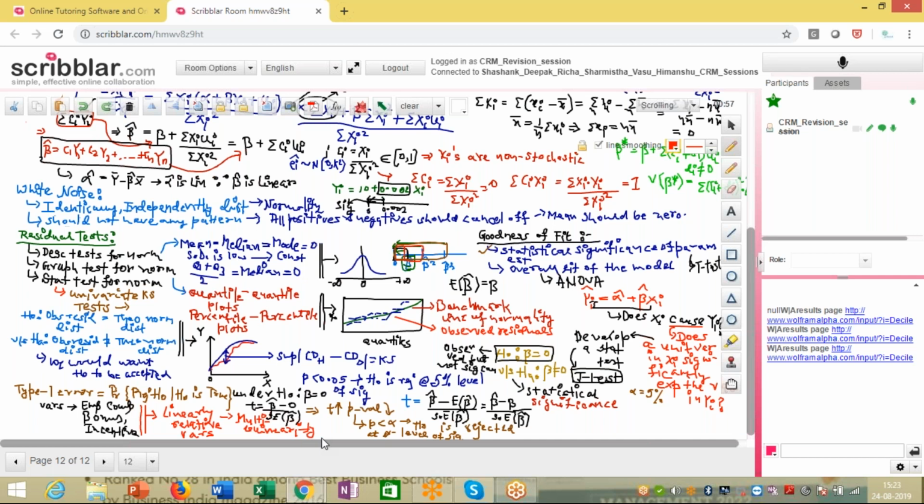Hence, multicollinearity is a problem which needs to be solved, because in its presence some variables can lose their explanatory capabilities.